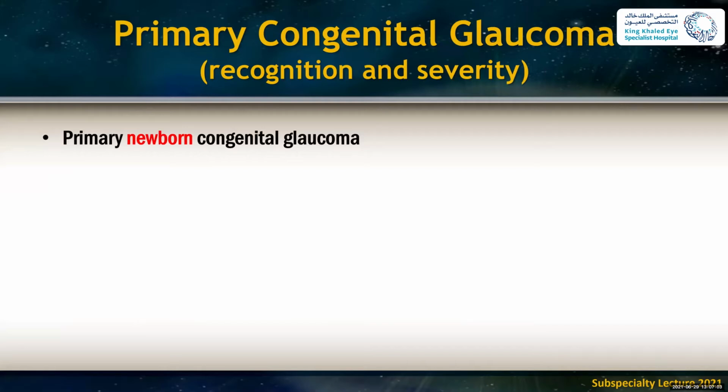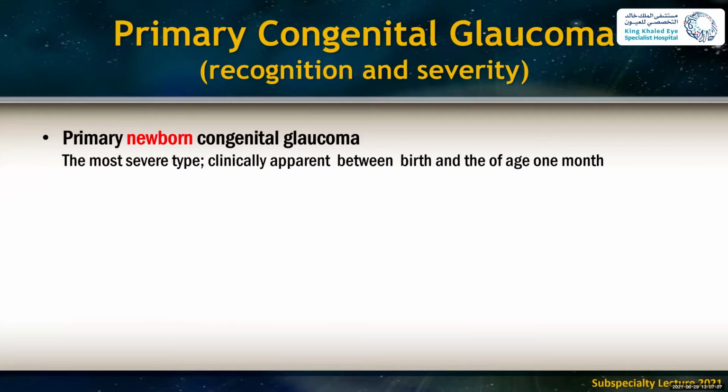The primary newborn congenital glaucoma represents those cases diagnosed from birth to the first 1 month of age. It is known to be the most severe type due to the severe anomalies in the anterior chamber angle outflow facility. Then comes the primary infantile glaucoma.